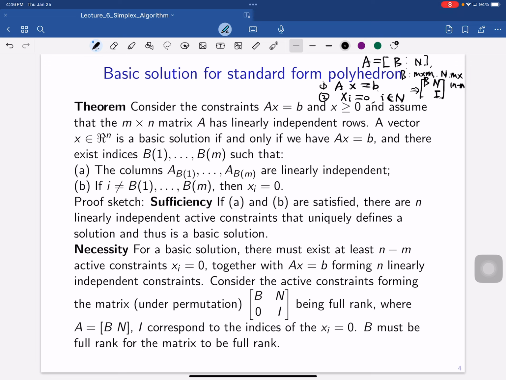Other questions? I see some people are confused. So if you cannot absorb this right now, think about it in an even simpler way. You have n variables, and n minus m of those variables have to be 0, and the rest of those you can calculate using the linear equations.